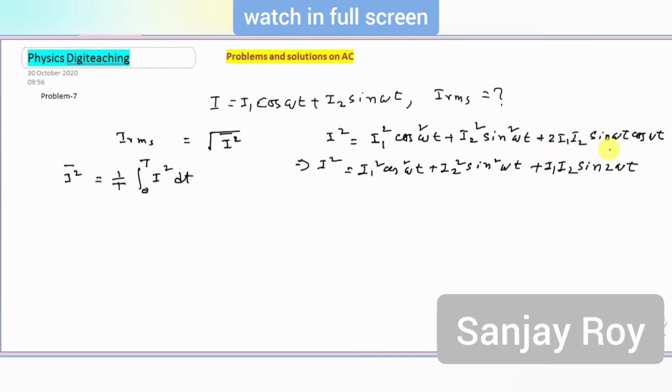This is a trigonometric formula: 2 sin a cos a equals sin 2a. Now we substitute here 1 by T, in parentheses, the integration.